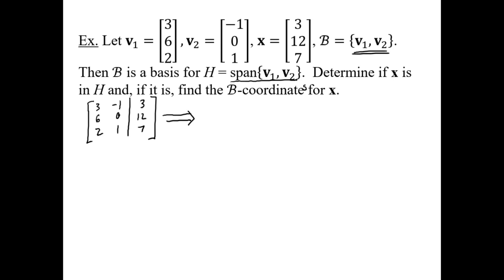So let's see. We got 3, -1, 3. I'm going to multiply the top equation by -2 and add the second one. We had 0, 2, 6. How about we multiply the top by 2 and the bottom by 3?